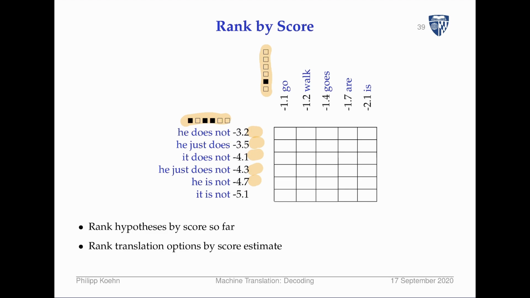These are the possible translation options, and they have all different scores. This is a score that might also include the expected language model cost. So you might actually take the future cost here to rank the translation options, not the actual probabilities. So a score estimate, not just the phrase translation probability.